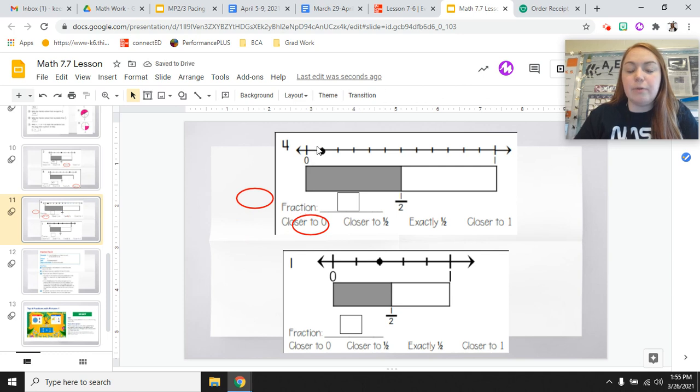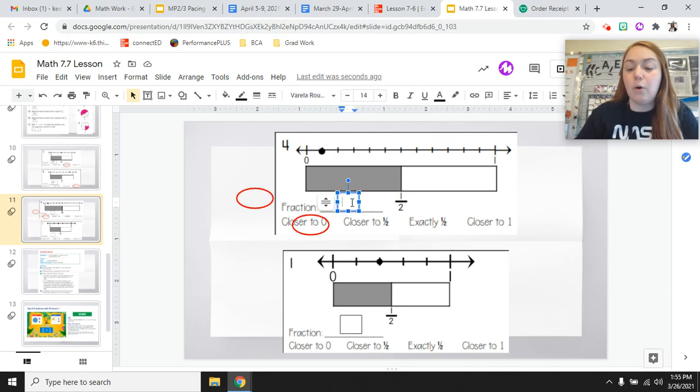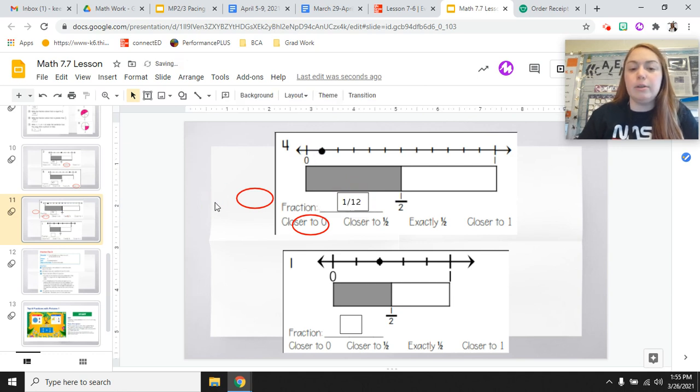So now, in order to figure out our denominator, we need to count all our spaces. So let's count. Ready? 1, 2, 3, 4, 5, 6, 7, 8, 9, 10, 11, 12. So that's our denominator. Now, what is our numerator, or our number on the top? Well, from 0 to the point, that would only be 1 jump, or 1 space.